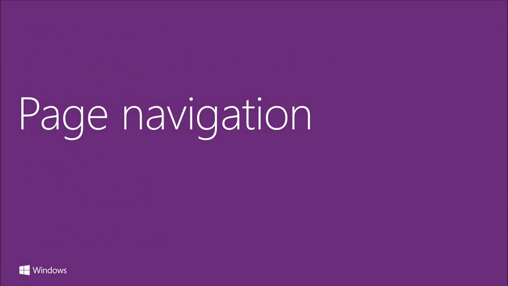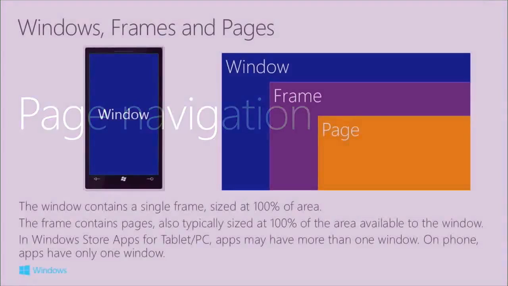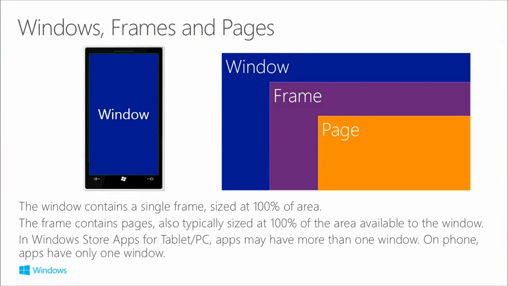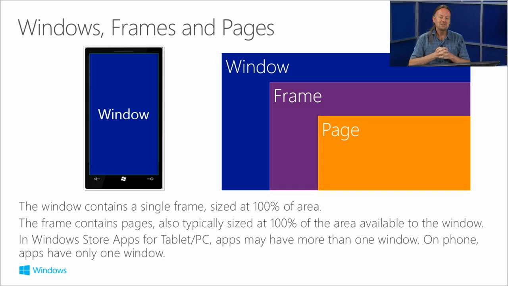Page navigation first. We've created a single page app at the moment. At a technical level, a Windows Store app sits within a window. On Windows 8.1 you can have more than one window; you couldn't at 8.0, but 8.1 added the ability to have more than one window for a store app.